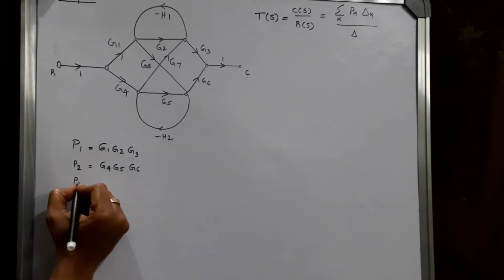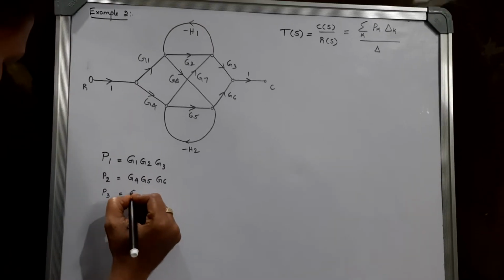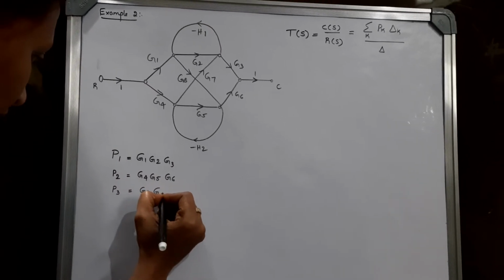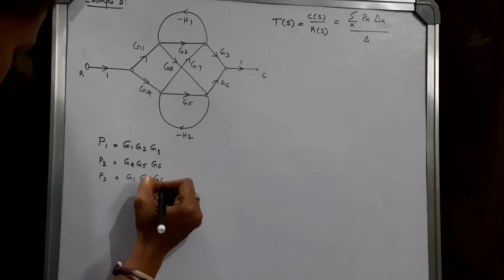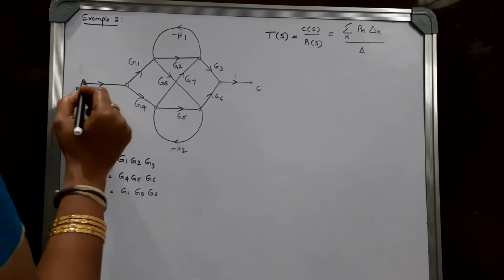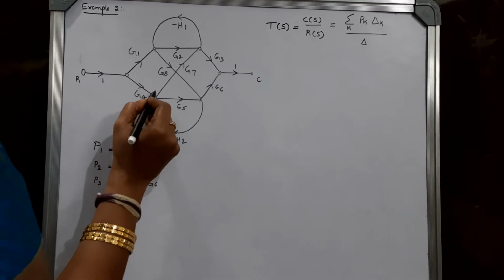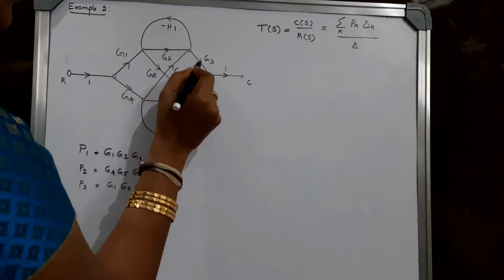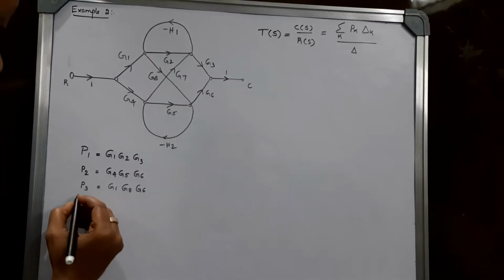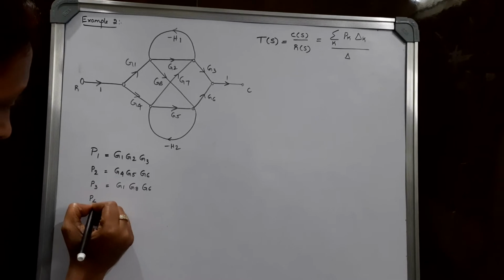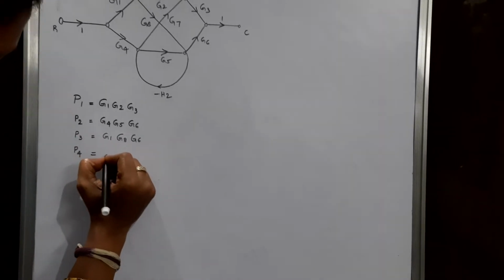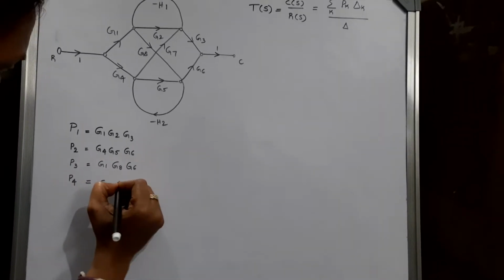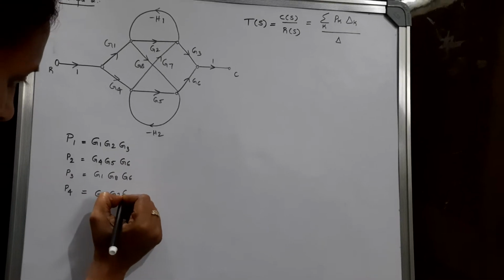So I can have one more, that is P3, G1, G8, G6. Now G4, G7, G3, and it's reaching the output node. So one more forward path exists, that is G4, G7, G3.